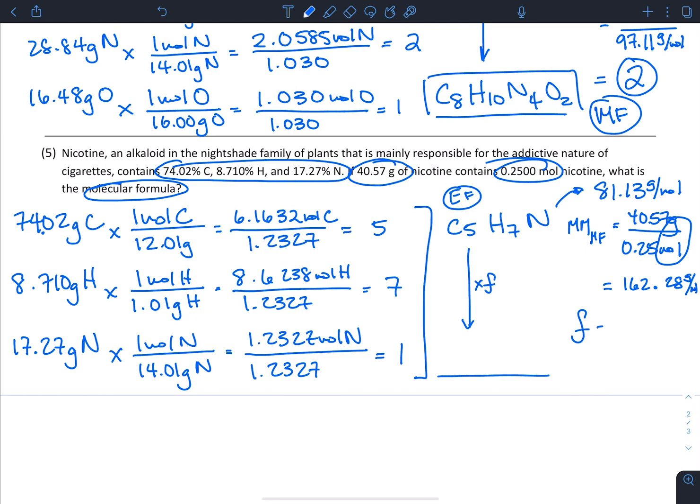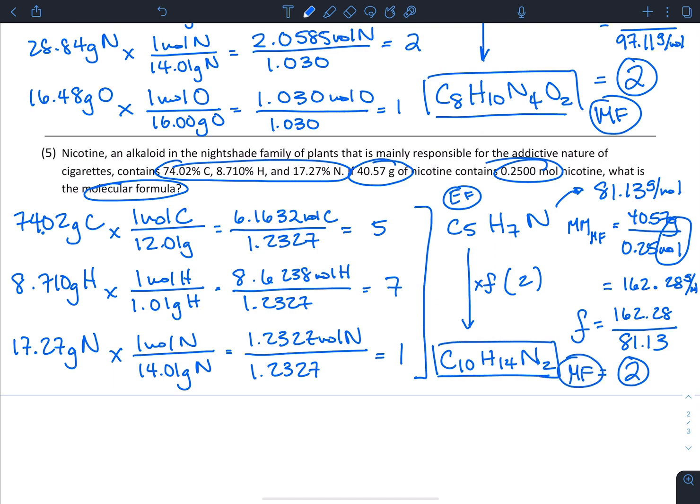So that makes my factor 162.28 divided by 81.13, which equals 2. So I'm going to multiply all my subscripts by 2, giving me C10H14N2. And there is my molecular formula.